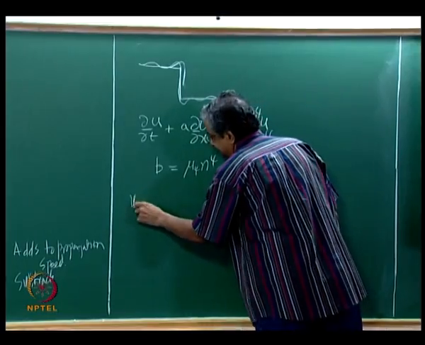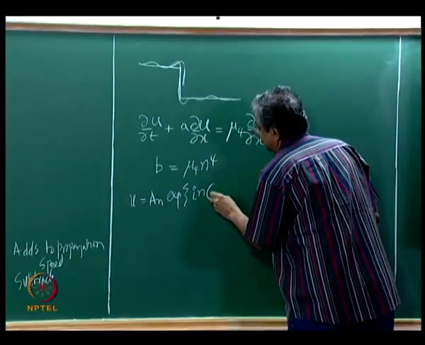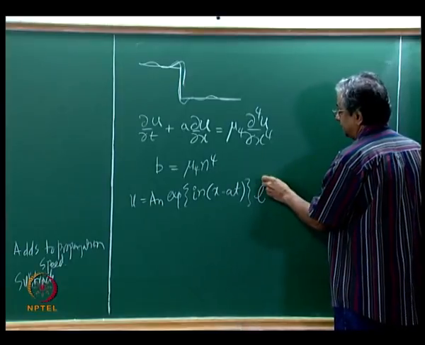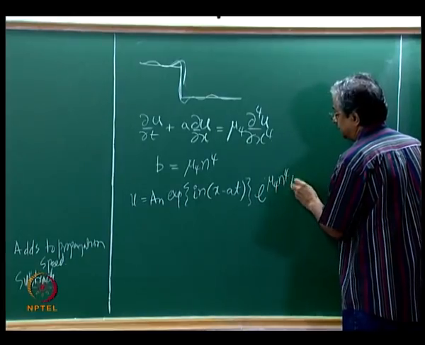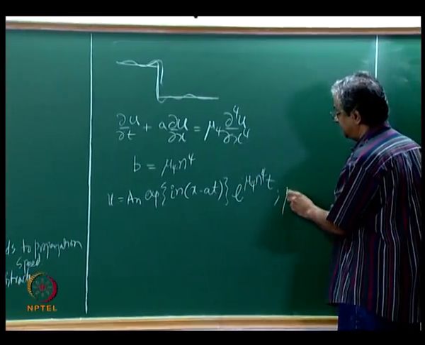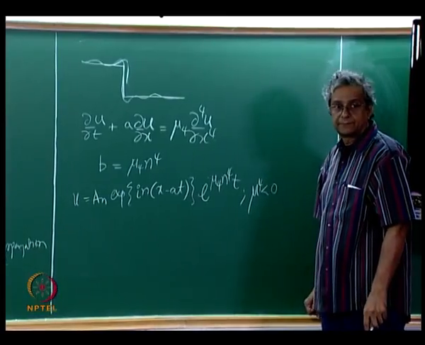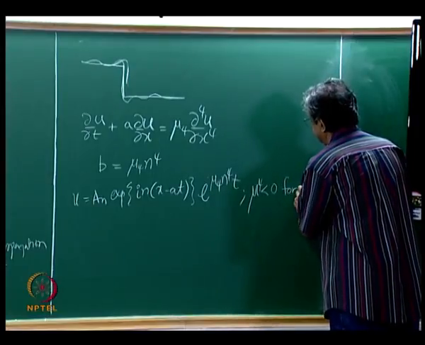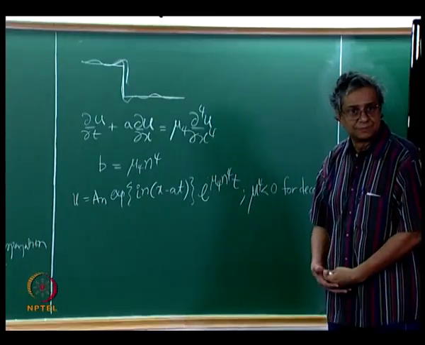So u is A_n exponential i n (x − a t), e to the power minus plus μ4 n⁴ times t. So for stability we require, you will have stability if μ4 is less than 0. μ4 has to be less than 0 for stability, for decay. If it is not less than 0, it is going to diverge.